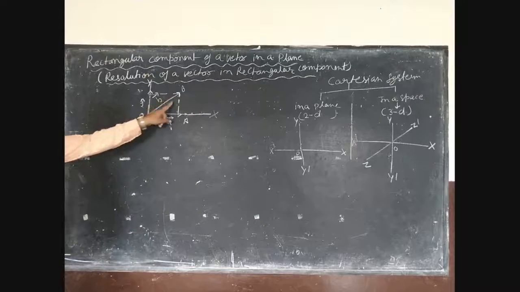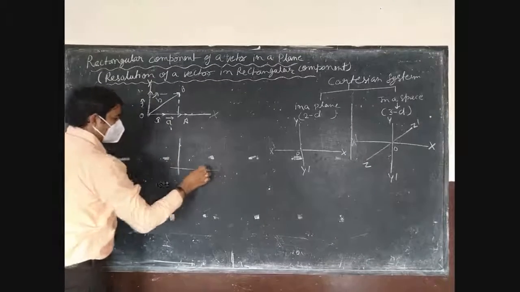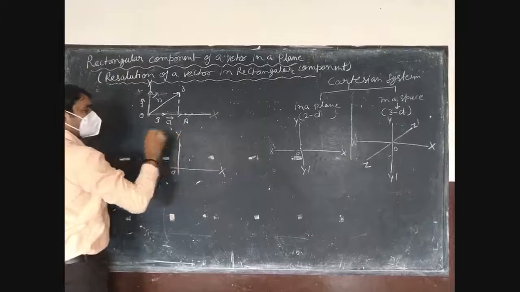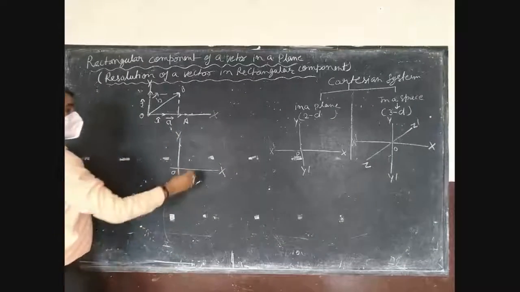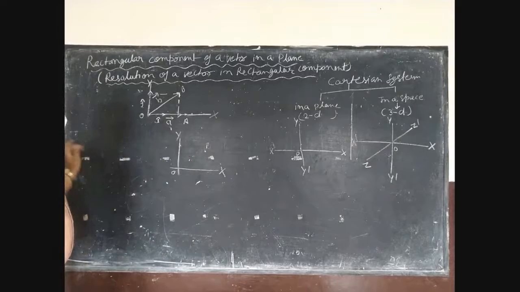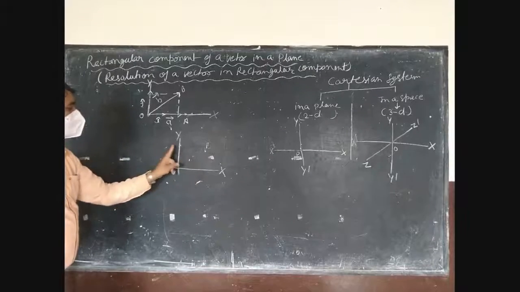Now we will understand this in another situation. This is your x-axis, this is your y-axis, and a particle is at P, and we want to find the effect of this particle along the x or y-axis.